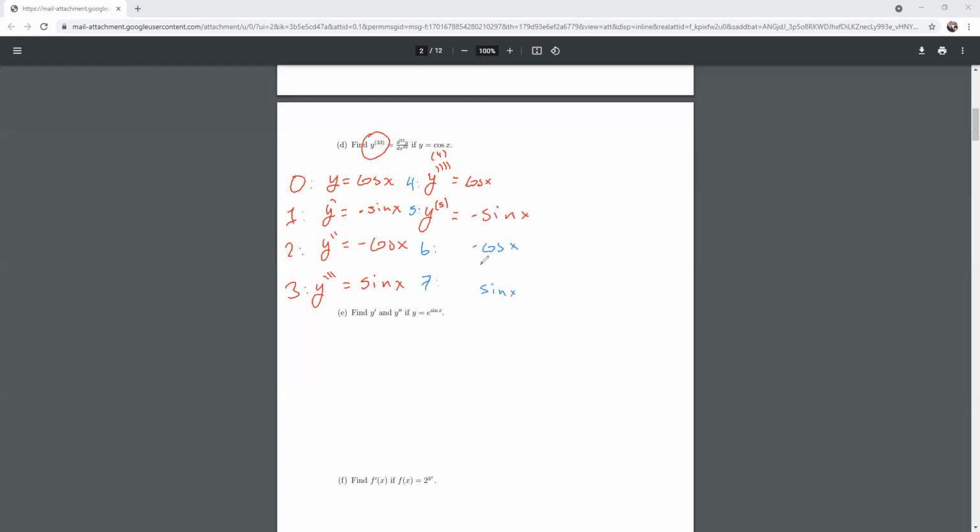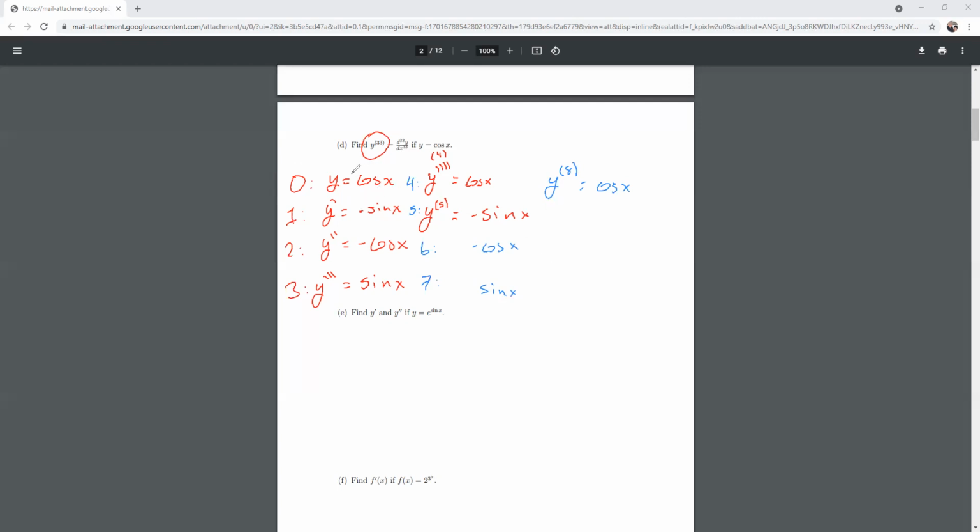Notice how it keeps repeating at multiples of 4. So all of these ones are multiples of 4. You can double check me that the 8th derivative, y to the 8th, is also going to be cosine of x. And then it'll keep going like this.